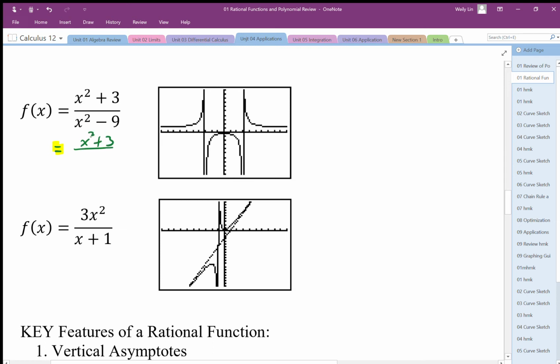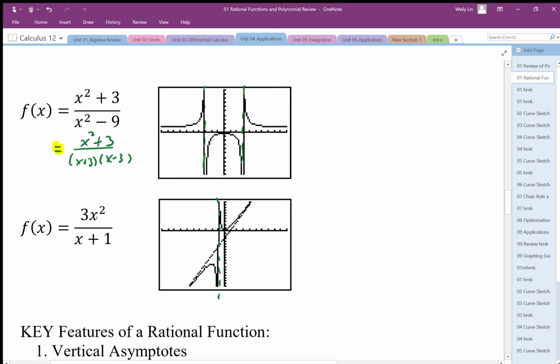In fact, the numerator doesn't have any zeros, so notice that this graph does not cross the x-axis at any point. We can factor the denominator like that, and we end up with vertical asymptotes here and here, at -3 and +3. Here we have the denominator at -1. There's a vertical asymptote here.